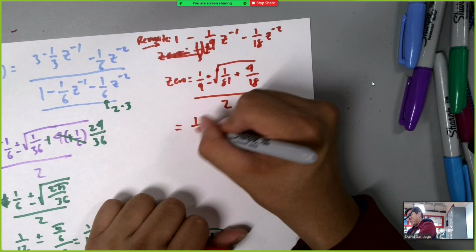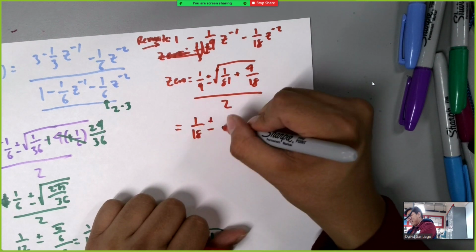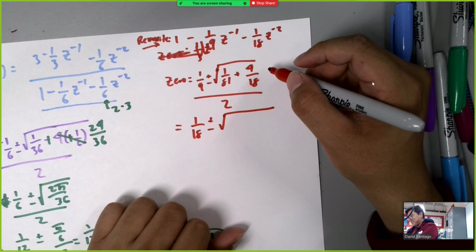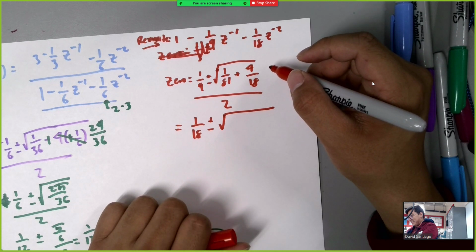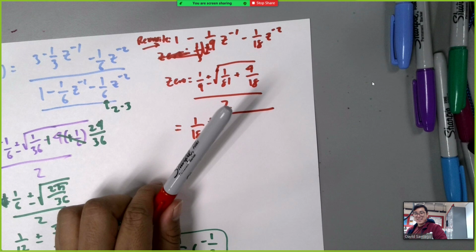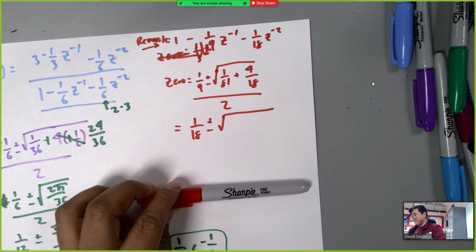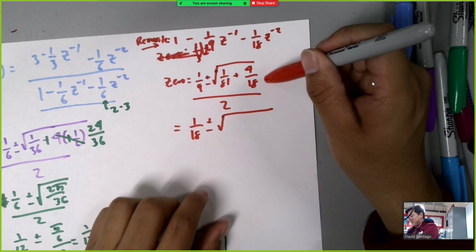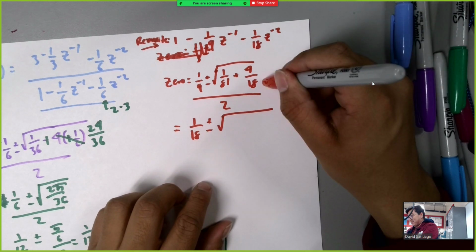It's equal to 1 over 18 plus or minus the square root of, what's a good number that fits into 18? Should we use Matlab? Okay, 18. Well, if you multiply this one by 18, well, 81.